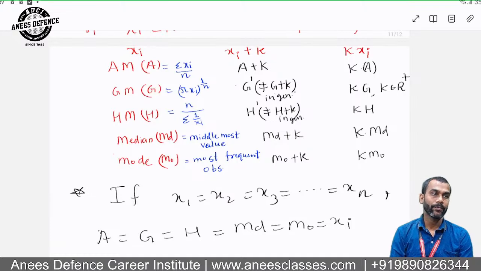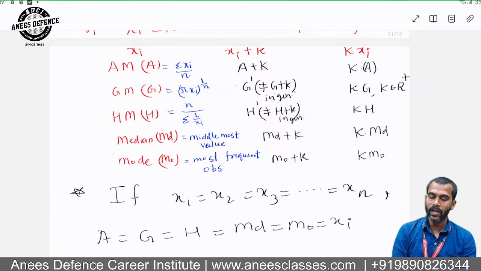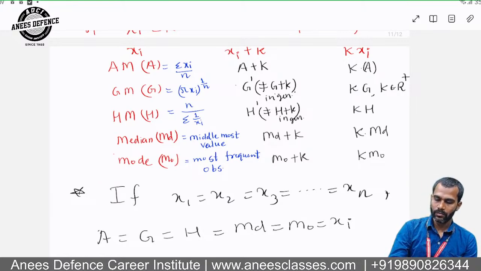I hope everyone is clear. Yes or no? If all the observations are equal, then AM, GM, HM, median and mode all will have the same value, and that too will be equal to those observations xi, which are equal basically. Understood? Okay.